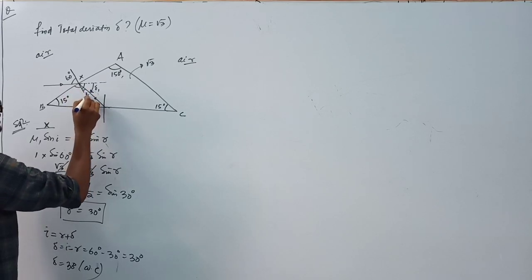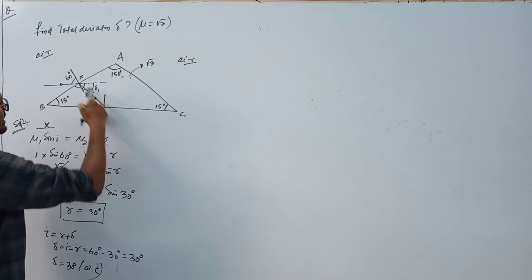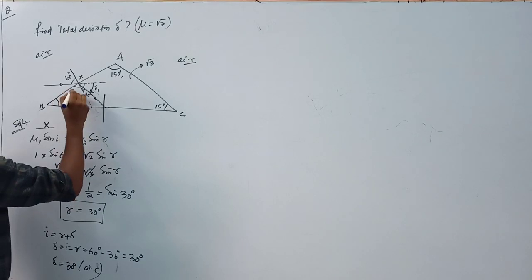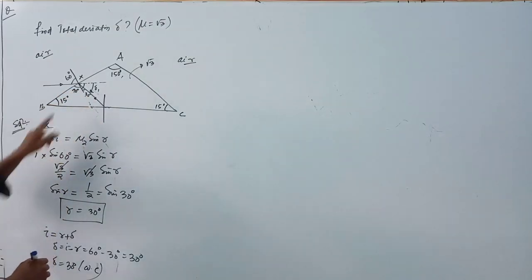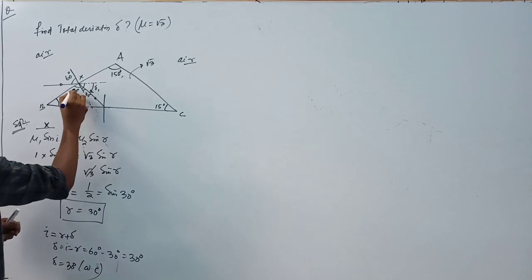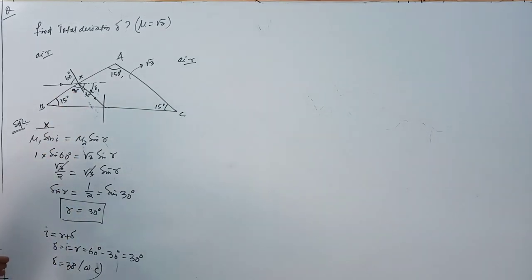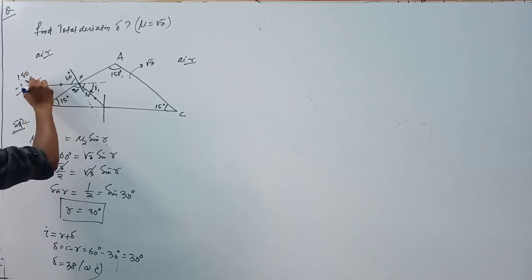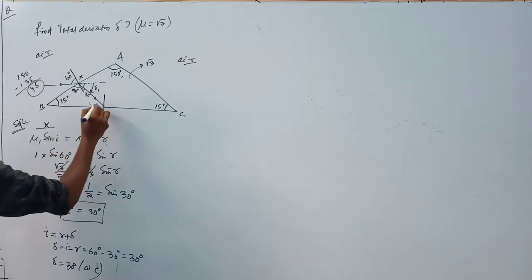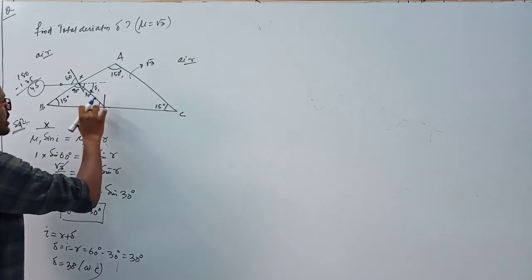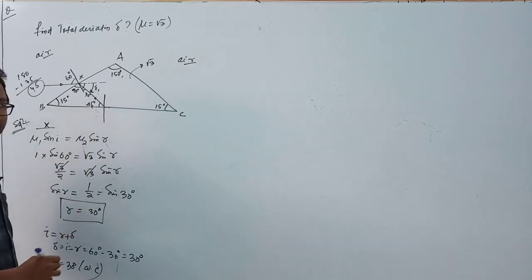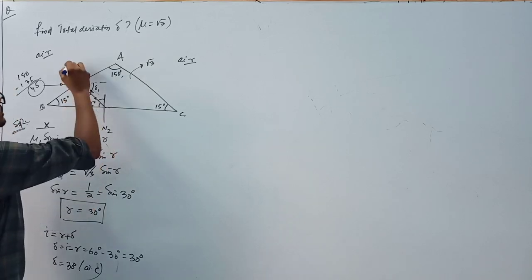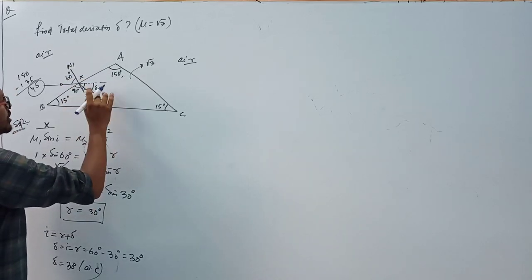Here this angle is 30 degree, this is a triangle, and you know the three angles of a triangle sum to 180 degree. This angle is 90 and this angle 30. 90 plus 30 is 120. 120 plus 15 is 135. So 180 minus 135 is 45 degree. So this angle is equal to 45 degree, and this angle must be 45 degree because this angle 90 is normal, this is normal N2, this is normal N1. So this angle is also 45 degree.